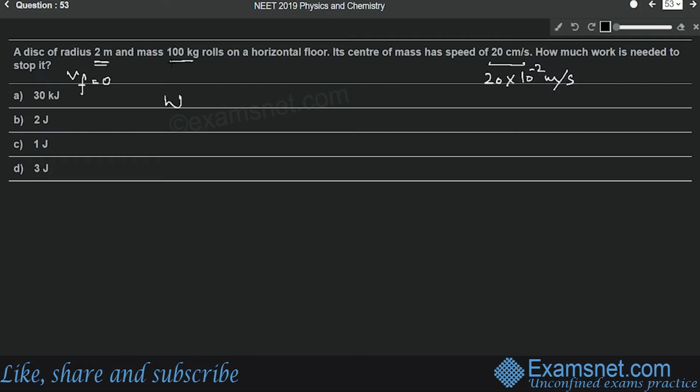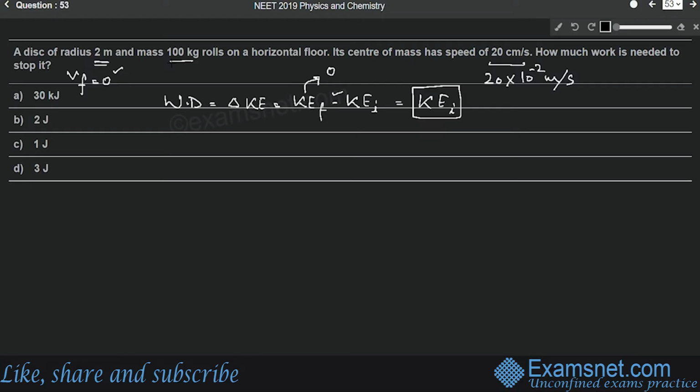Now we have to find out the work done. So work done is given as change in kinetic energy, that means final kinetic energy minus initial kinetic energy, right? And here we know that the final velocity is 0, so the final kinetic energy will also be 0. That means the work done will be equal to the initial kinetic energy only. We'll ignore the minus sign because we have to focus on the magnitude. Now here two types of motions are there, translational as well as rotational.